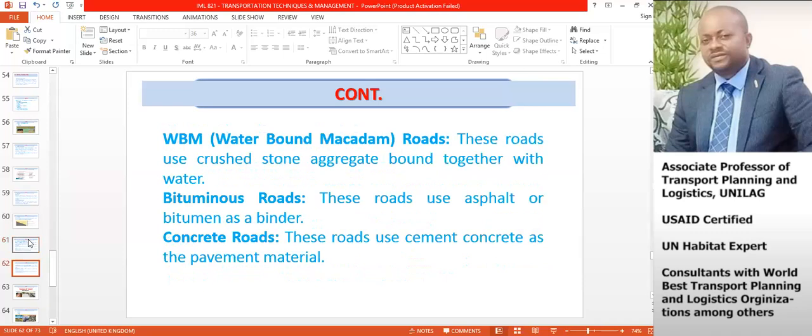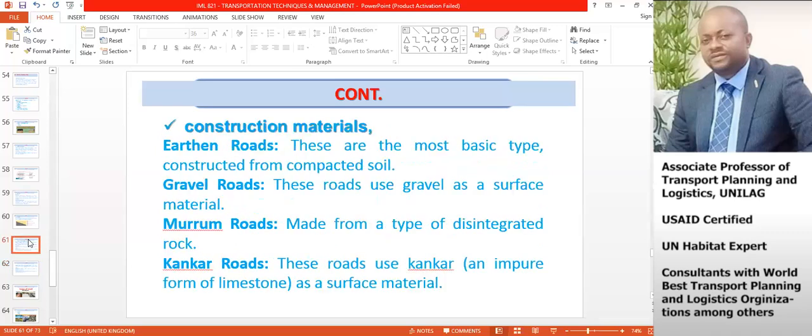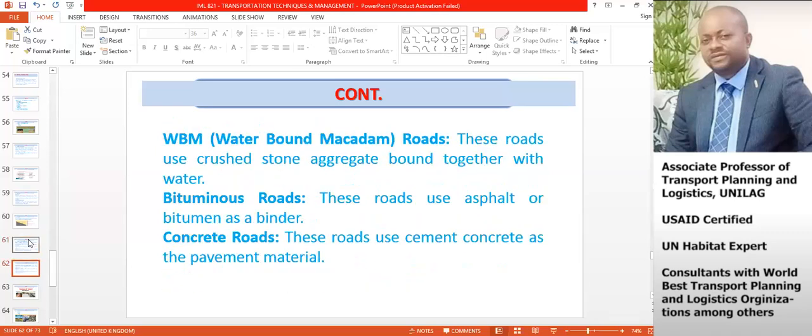Then we also have this material, bituminous. In fact, the most popular under the construction materials are the bituminous and the concrete road. Like what you have when you come out of Apapa, I think even Oshodi Apapa is more of a concrete road when you use concrete as the pavement material.